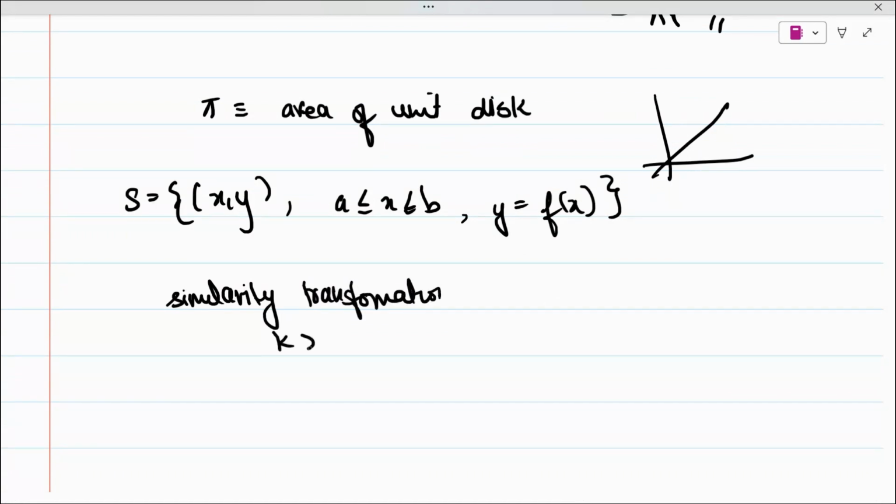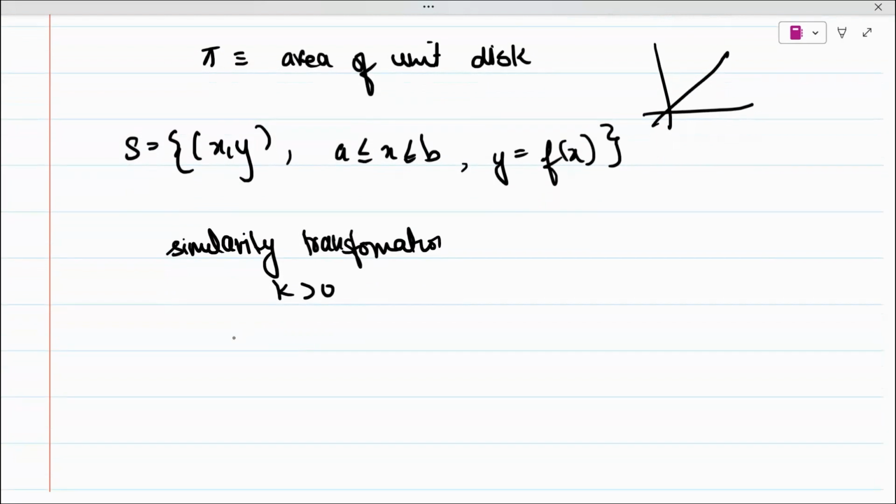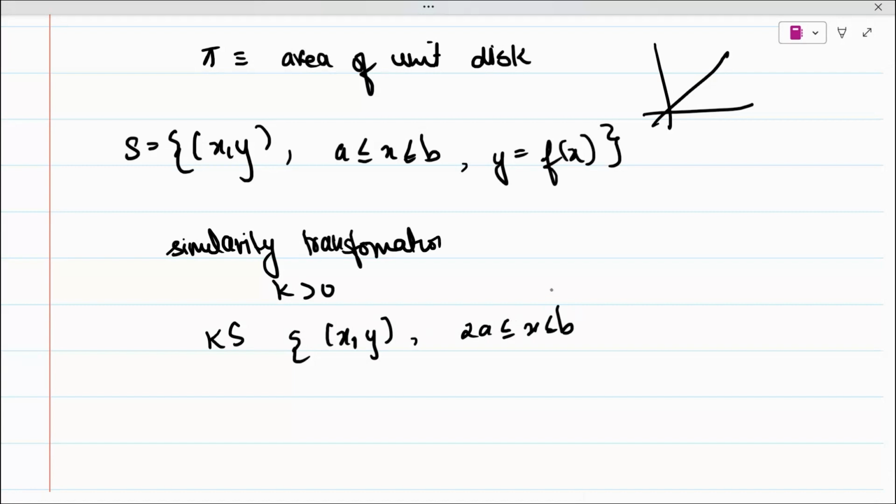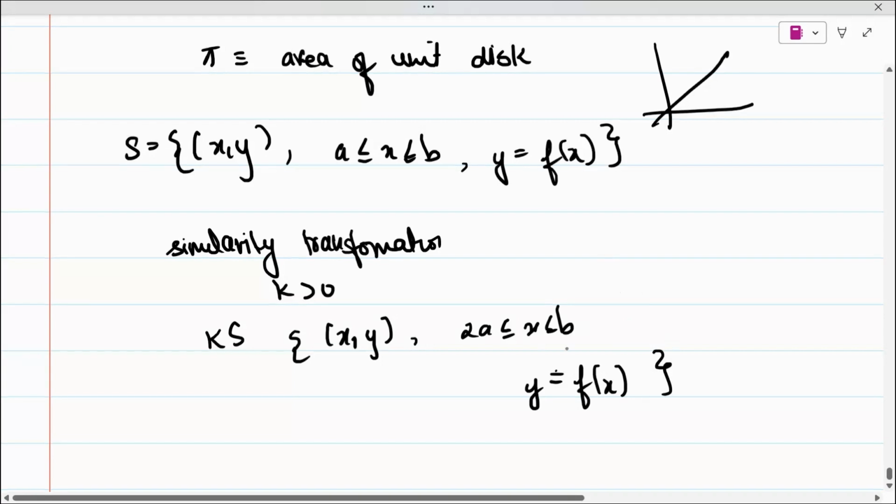If k equals 2, for example, you multiply by k, so it becomes the set of xy such that 2a is less than or equal to x less than or equal to 2b, because you're multiplying each x by 2. And y will technically be the same because we're using the same f. So it becomes some multiple of that anyways.